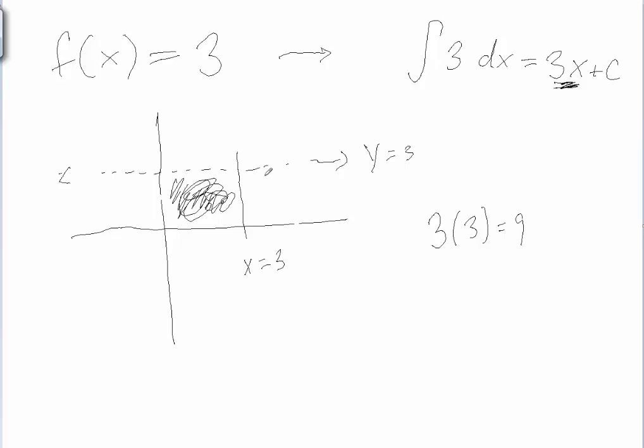So if I chose x equals 7, the area would be 3 times 7, 3 times x, or 21. X equals 4.5, we get an area 3 times 4.5. So we can see that the area under that curve is the antiderivative.